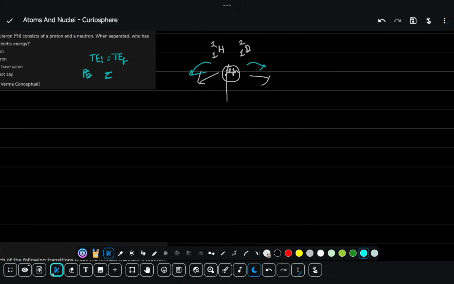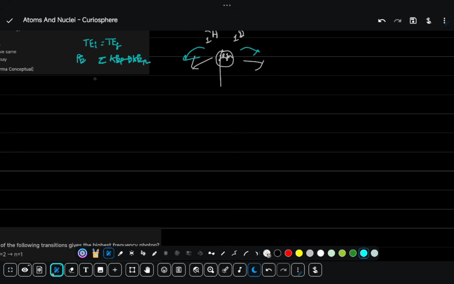The total potential energy is given by the kinetic energy of the proton plus kinetic energy of the neutron, right? Kinetic energy formula, what is it? Half m v squared. But there is even another formula, p squared by 2m, where p is nothing but the momentum.